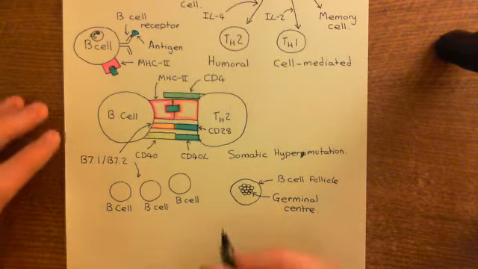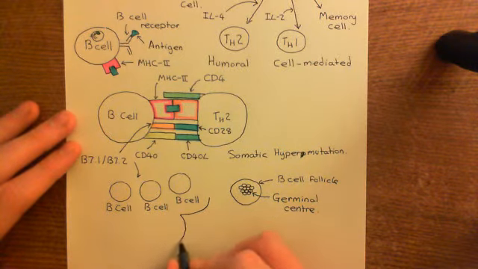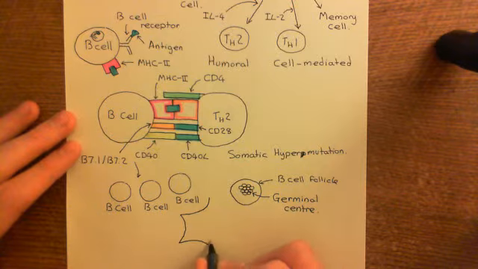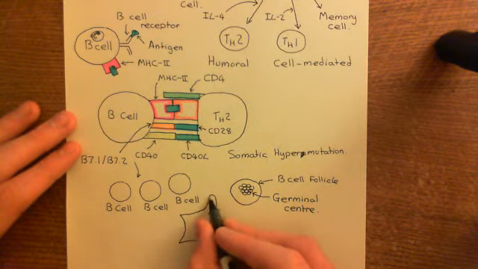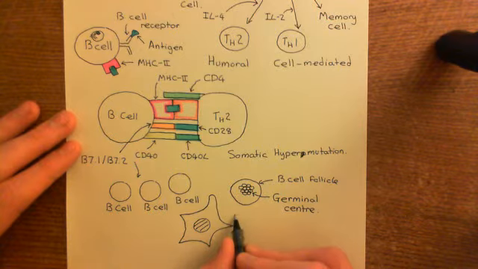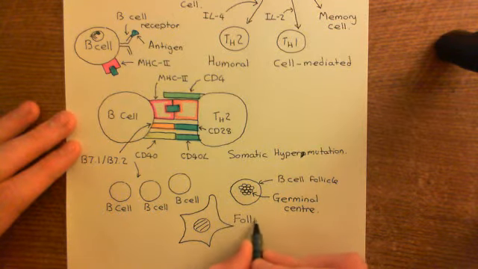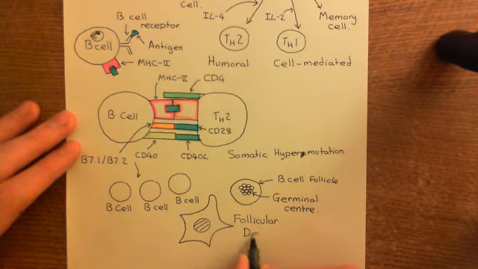Now, there is another cell in B cell follicles that is going to become important now. This is what's known as a follicular dendritic cell, and again it's got absolutely nothing to do with neurons. It's just a cell which has dendrites. Now, what do follicular dendritic cells do?